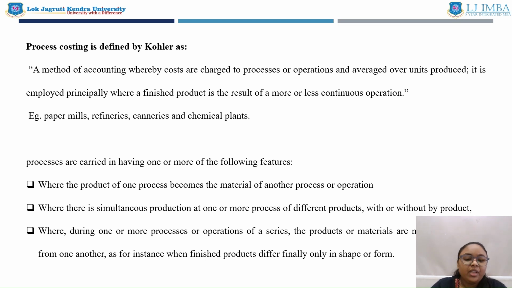In the same way, process 2 gives some output, and that output of process 2 will become the input for process 3. This will continue in each and every process till the raw material is converted into finished goods.